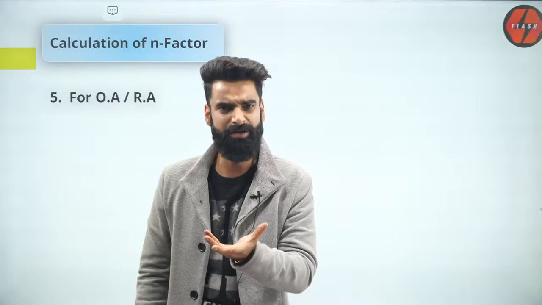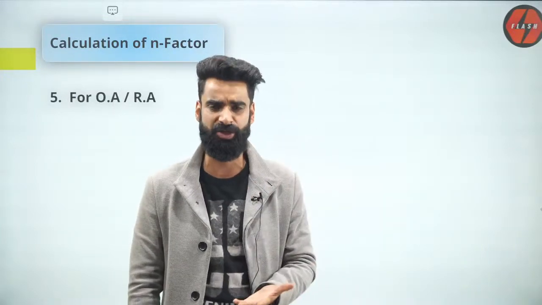Equivalent mass of an oxidizing agent or reducing agent will be equal to the formula which I gave you yesterday: molar mass of the oxidizing or reducing agent divided by N factor of the oxidizing or reducing agent. In order to calculate the equivalent mass, we must know the N factor of the oxidizing agent or the reducing agent.